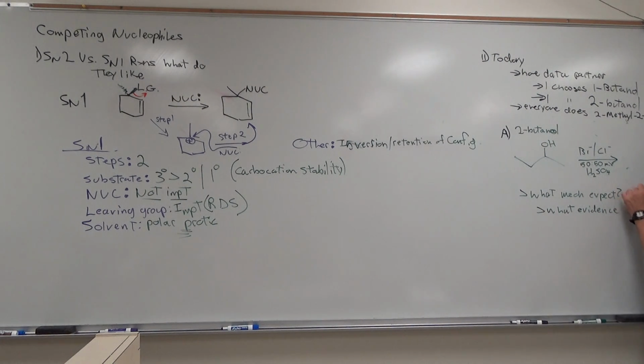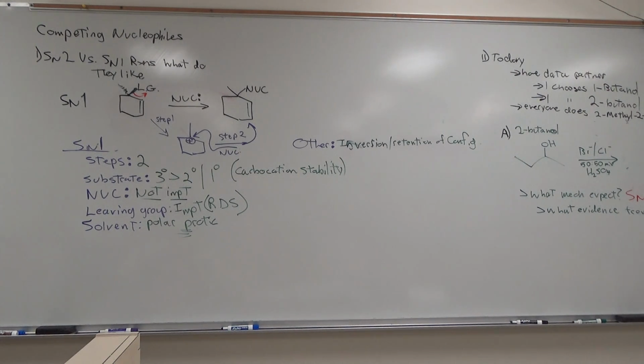So, SN1. But if it's SN1, we ought to get an equal ratio. Joe? Equal, if it's SN1. If it's SN2, we don't know what that ratio is going to be for the SN2 one, the primary one.